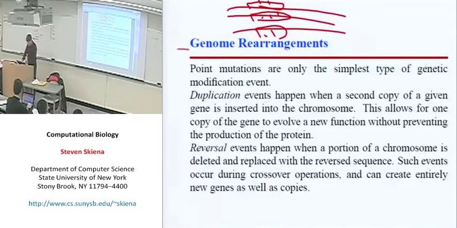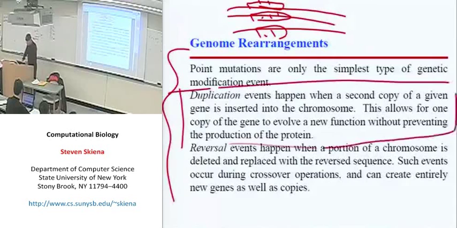There are all kinds of other weird things, though, that happen to genomes over the years that turn out to be interesting. Every once in a while, in the course of a species evolving, there is a duplication event, where genetic material gets duplicated.